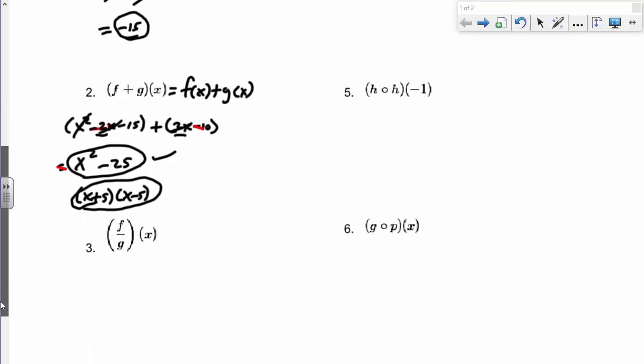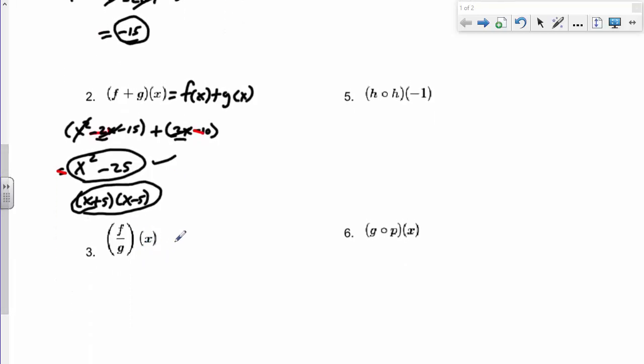We're going to divide them this time instead of adding them. So this basically means f of x divided by g of x. So we have this again: x squared minus 2x minus 15 divided by, this time, 2x minus 10.